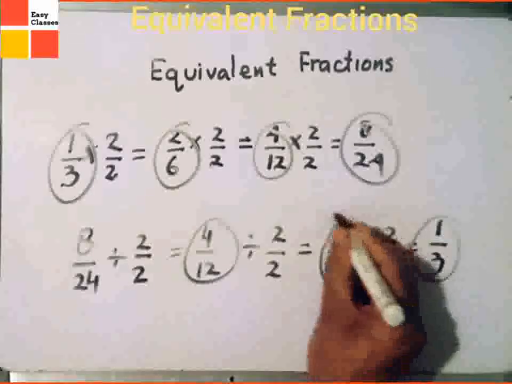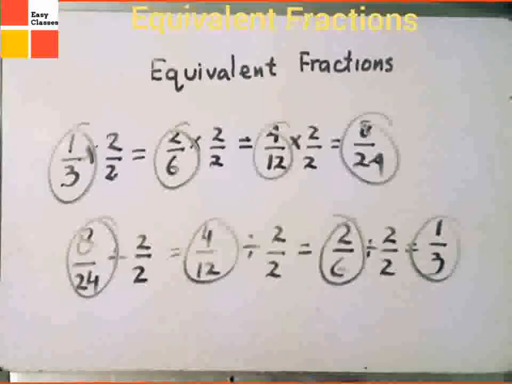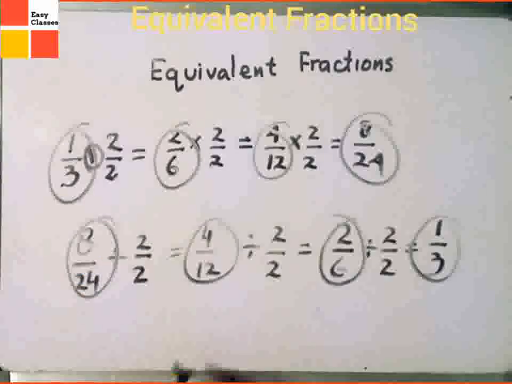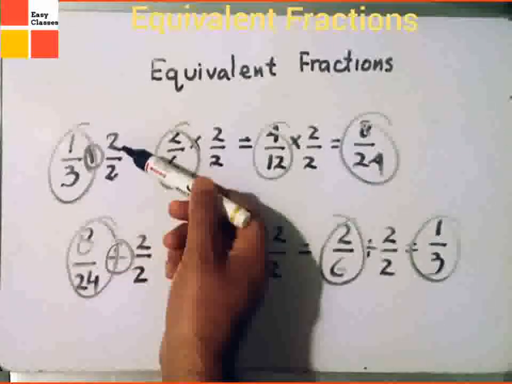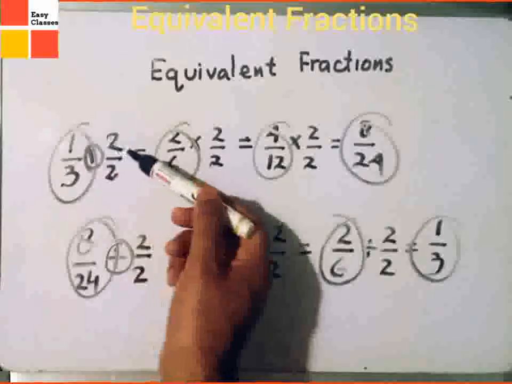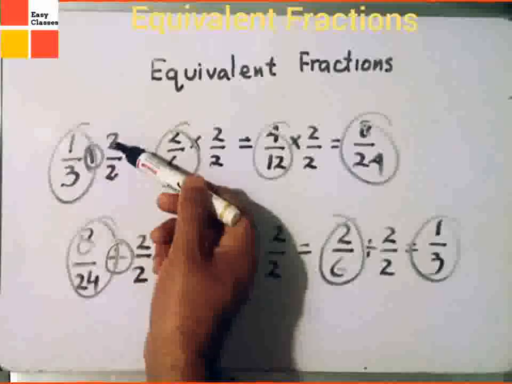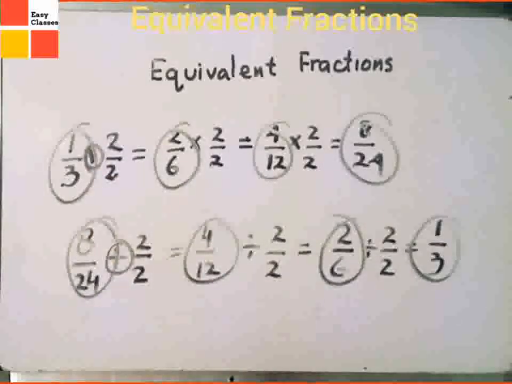These are called equivalent fractions. So equivalent fractions can be obtained by multiplying or dividing the numerator and denominator by the same number. So these were the equivalent fractions.